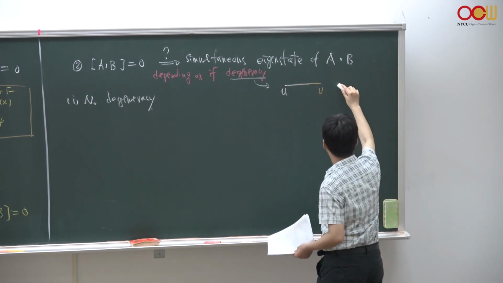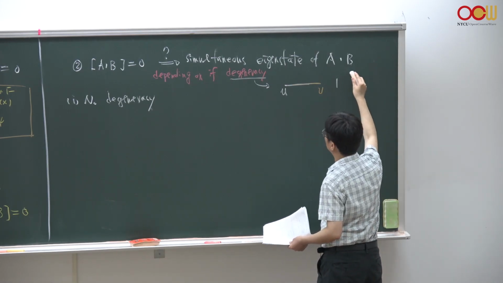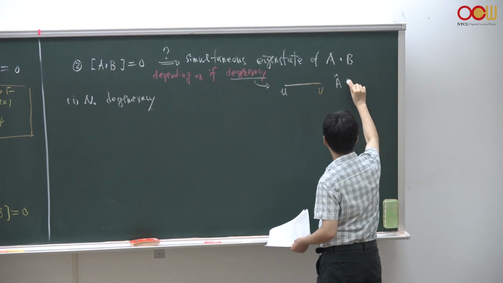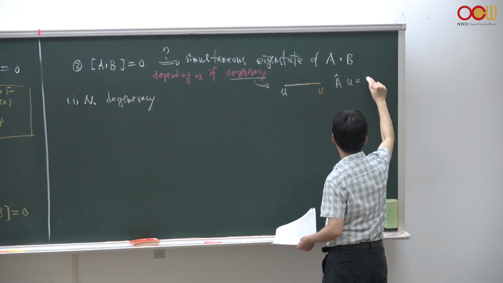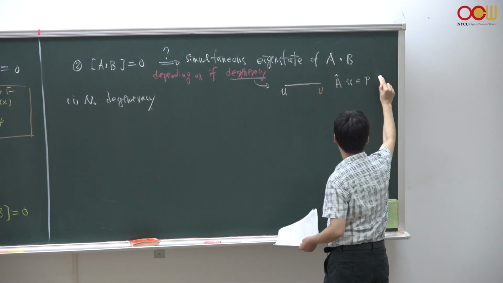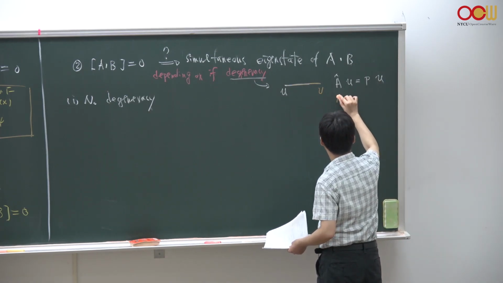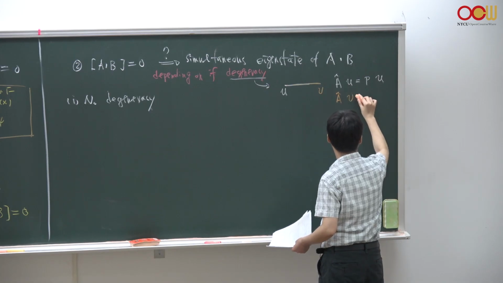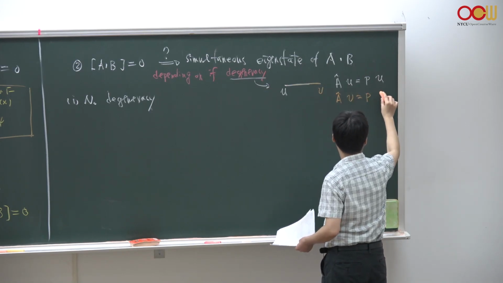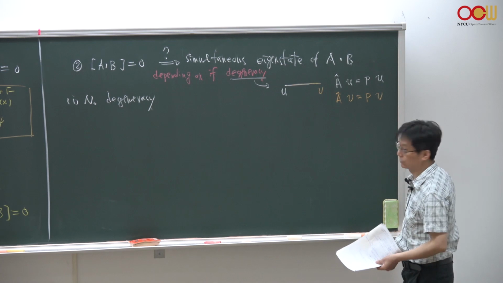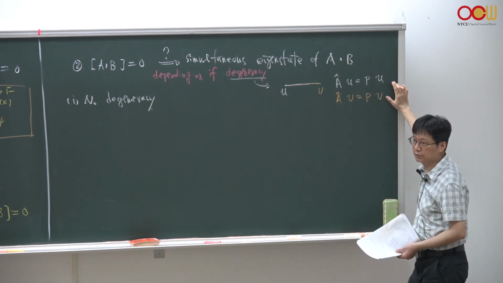However, if you apply this operator on this u, you get some eigenvalue. You also do the same thing for v, you get the same eigenvalue. We would call that two degenerate states.